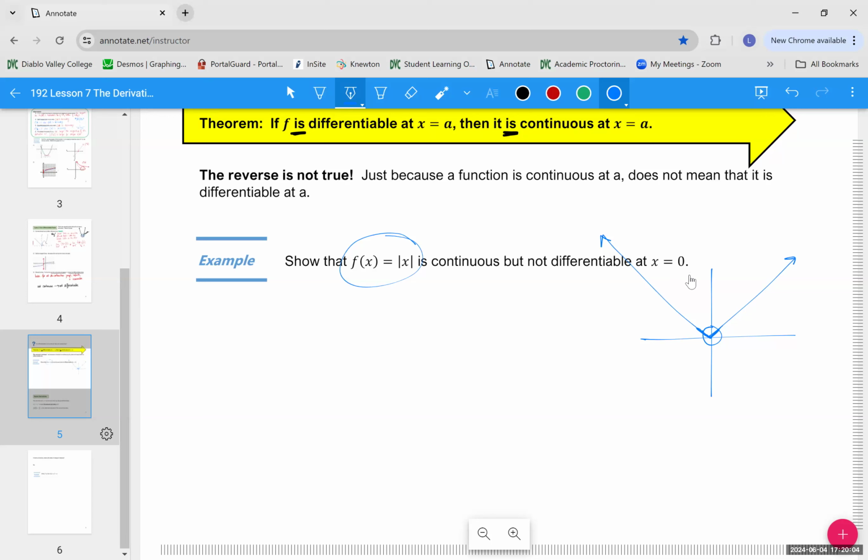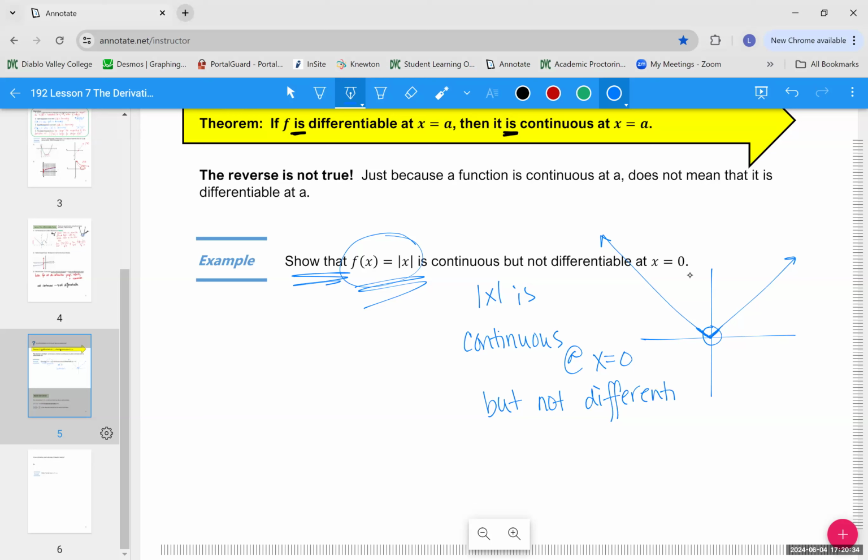So I'm not actually going to go through and show this in a proof in this particular lesson, but we can either work on it in class at some class meeting, or again, you can look it up online. But that is the most classic example, continuous at x equals 0, but not differentiable. So if you're ever wondering, how does that go again? Which one tells me which one? Think of the absolute value. Oh, that's continuous, but not differentiable.